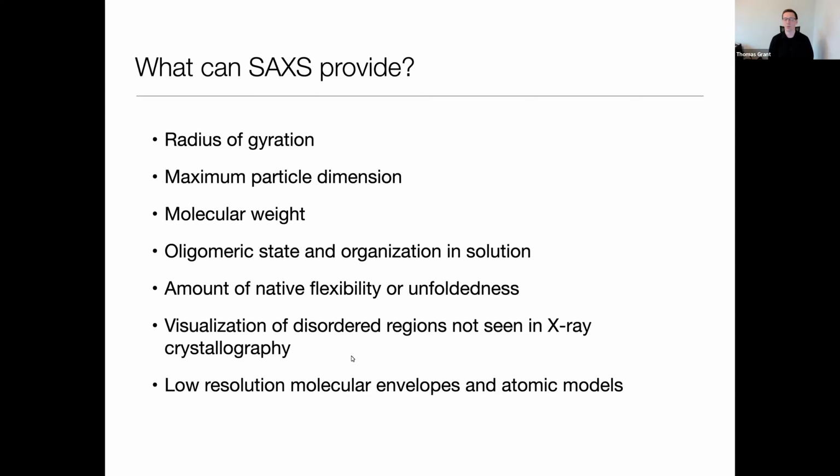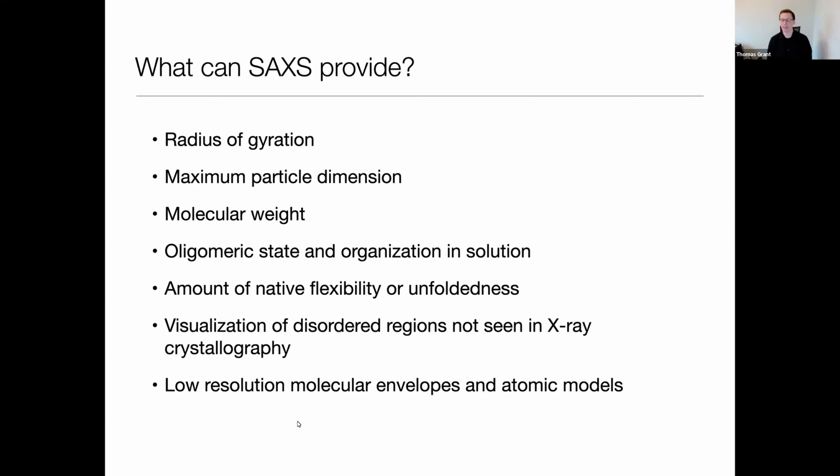And understanding that helps us understand intrinsically disordered regions that are parts of diseases for things like Alzheimer's and a lot of neurological disorders, as well as just understanding the concepts of the folding and unfolding pathways of proteins and how they actually fold. So SAXS is useful for a lot of those different types of experiments.